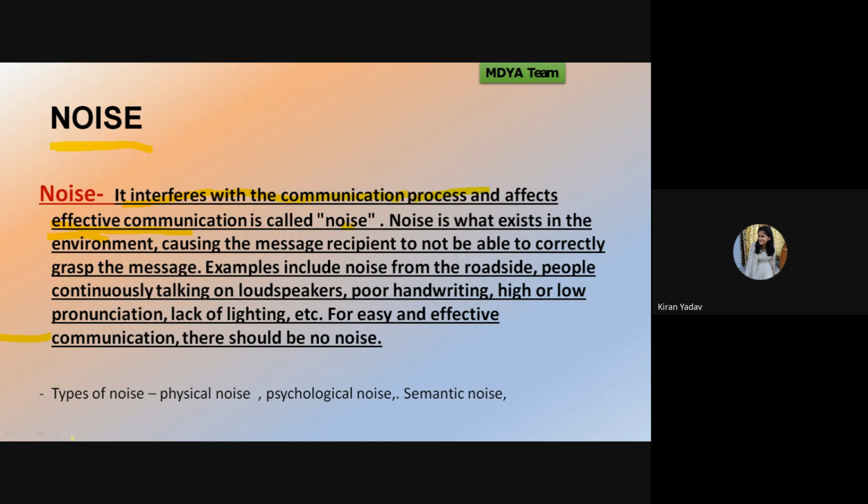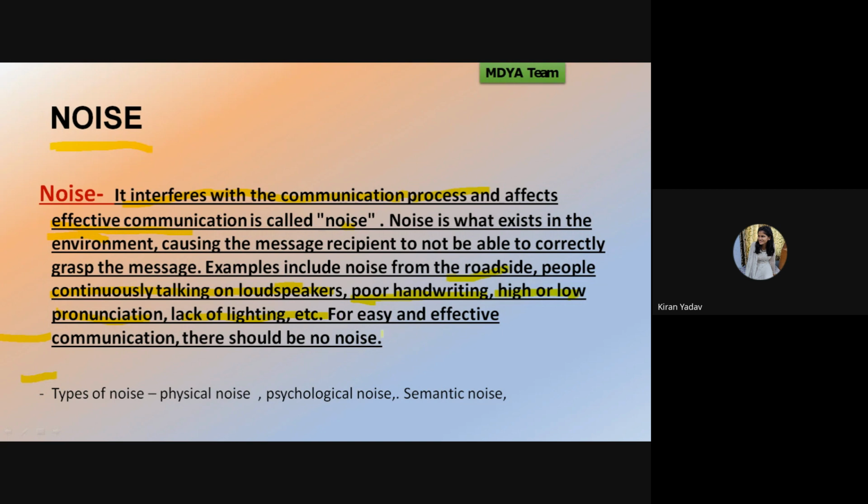Due to the noise, the recipient is not able to correctly understand the intention or the message of the sender. Examples include noise from the roadside, people continuously talking on loudspeakers, poor handwriting, high or low pronunciation, lack of lighting, etc.